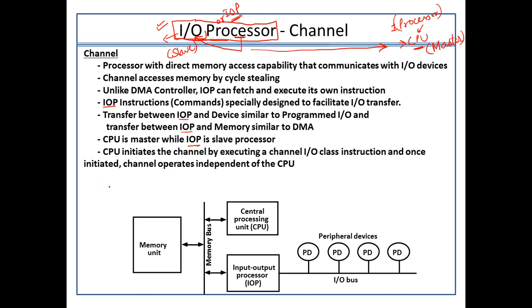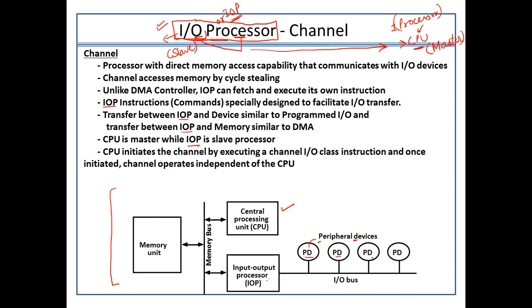Now I will switch to this diagram, and side by side I will explain the characteristics of this IOP. You can see here that there is a central processing unit, and parallelly there is an IOP. The IOP is attached to many peripheral devices; these PDs are nothing but the peripheral devices.